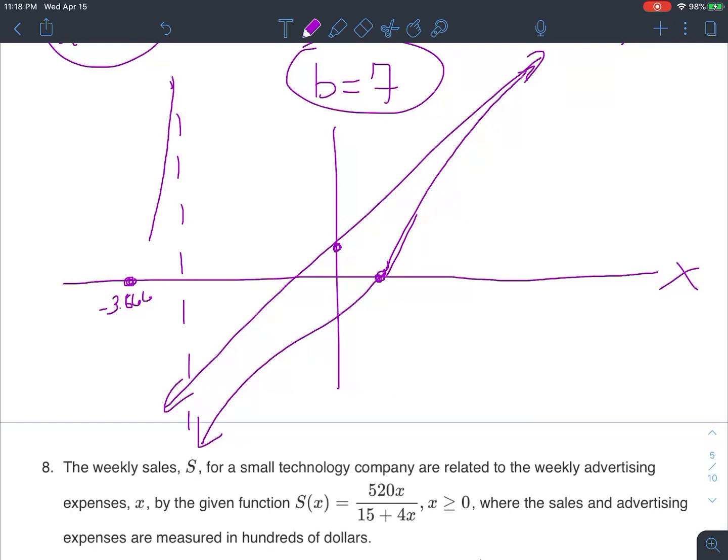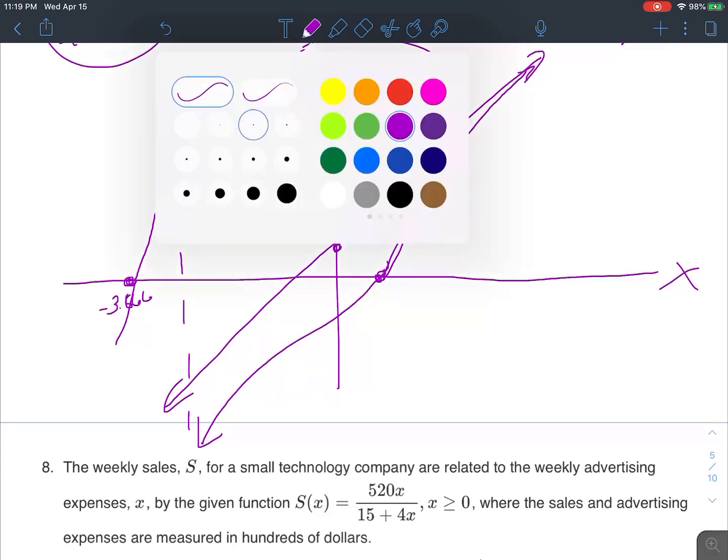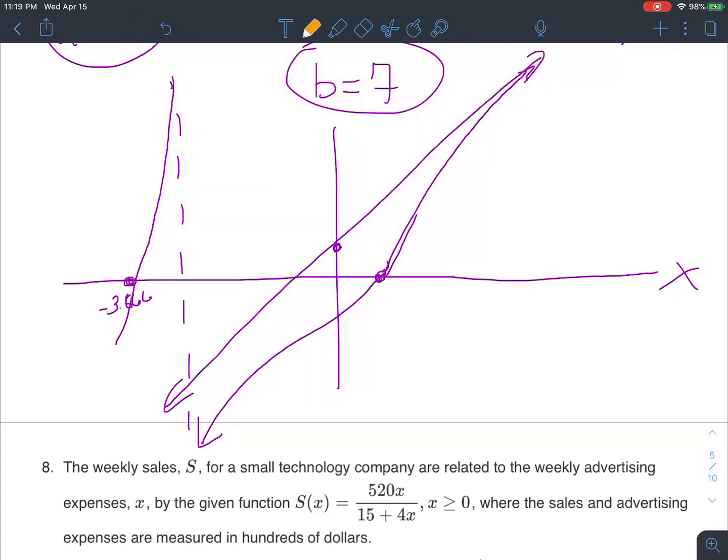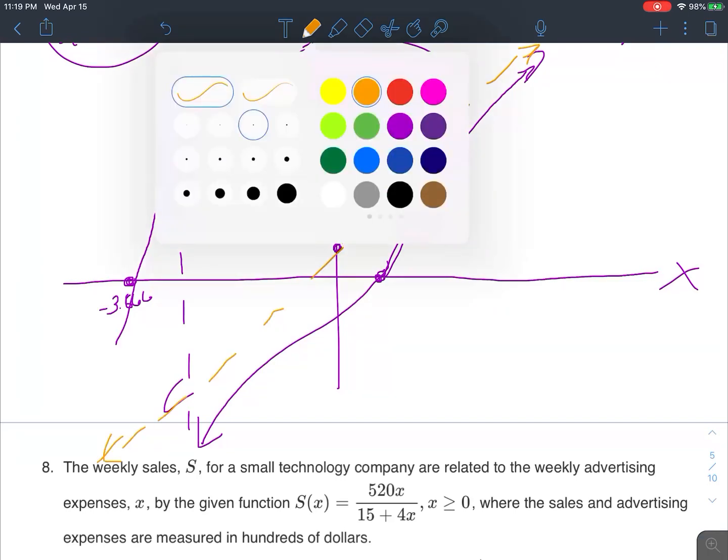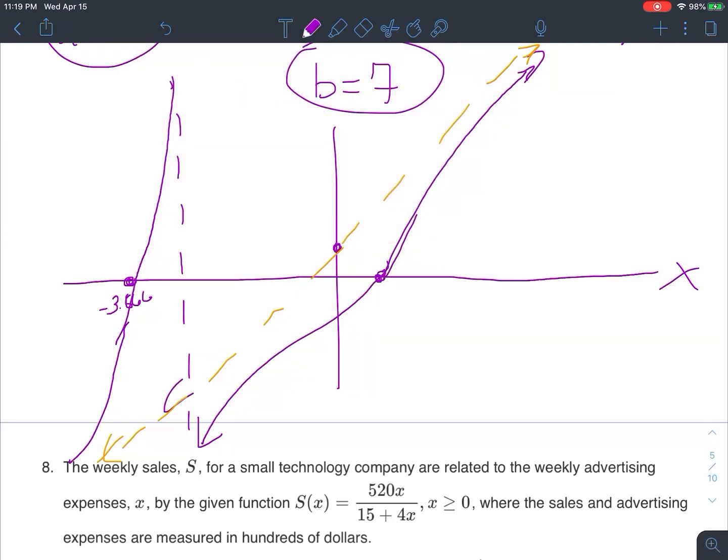I got to get through my 0 here, and I have to somehow change the color of my asymptote here. And I should not have made it solid either, so I should have made it like that because it's not actually part of the graph. And so this guy has to come and meet it there.